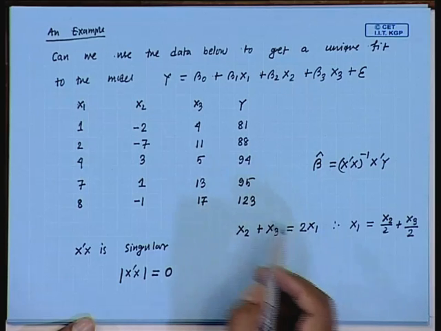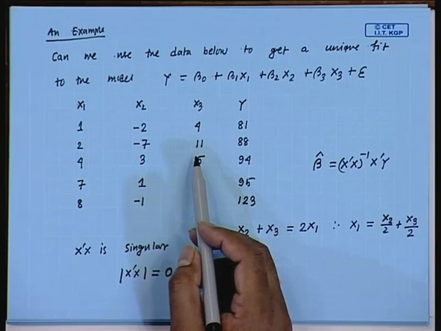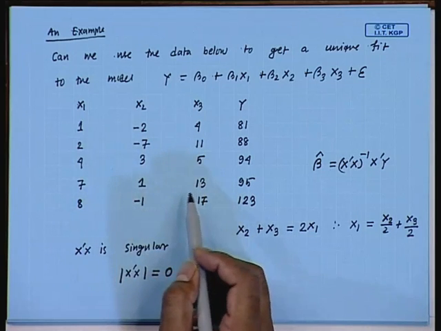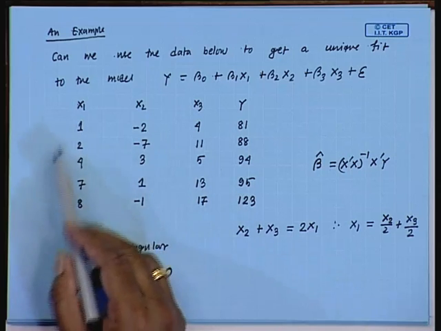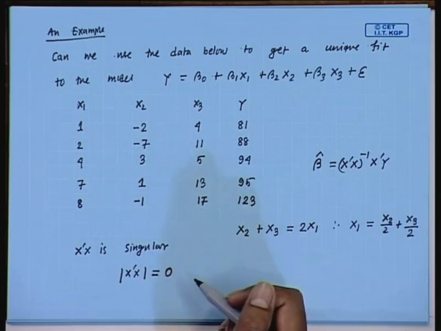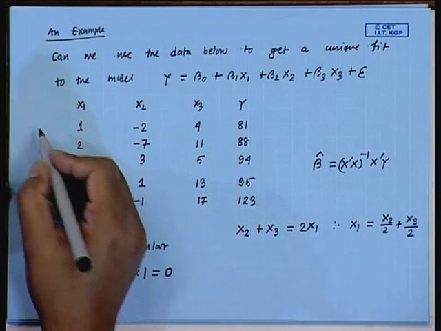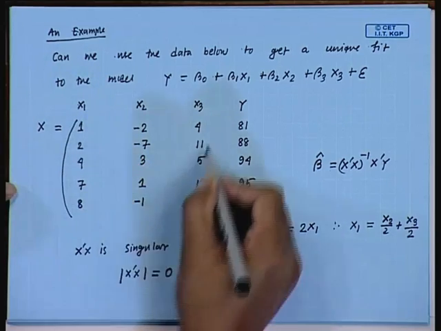Okay. So this is an example which illustrates the definition of multicollinearity. Here in this particular data, the problem of multicollinearity exists because the X matrix is nothing but this one.